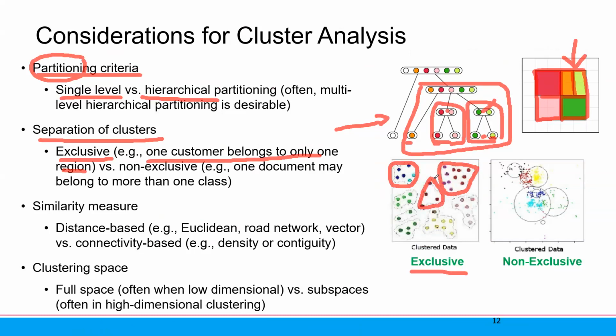So it is well separated. We call it exclusive. Or it is non-exclusive, so one document may belong to more than one class. This is the example of non-exclusive. The black color and the red color overlap. If we make the circle like this one, some of them overlap.